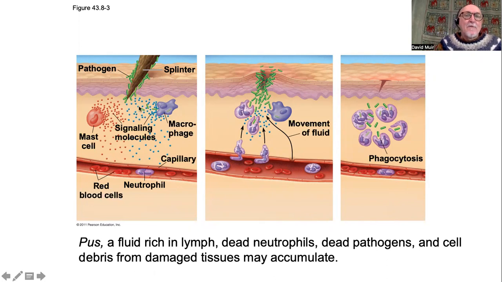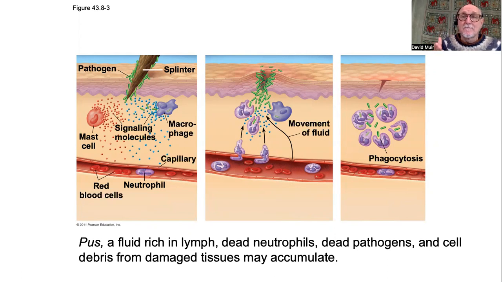But if you spike yourself with a thorn, the mast cells respond, first of all, to the tissue damage which has occurred, but they also respond to the presence of foreign agents such as bacteria. And what they will do is they release histamine, they release some other compounds as well, which are going to cause immediate and very profound changes in the tissue where the damage has occurred.